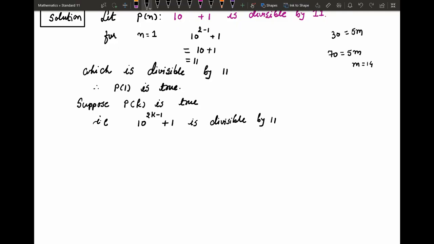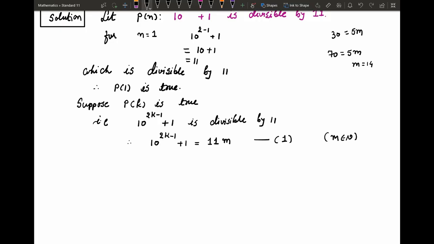So 10 raised to 2k minus 1 plus 1 is divisible by 11, so 11 must be a coefficient. So this can be written as 10 raised to 2k minus 1 plus 1 equal to 11 into m, where m belongs to set of natural numbers.